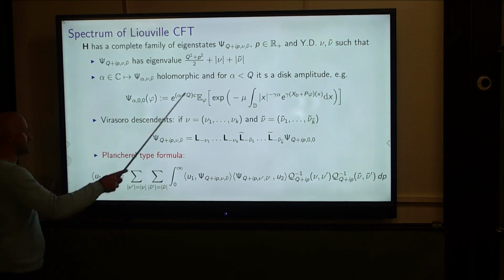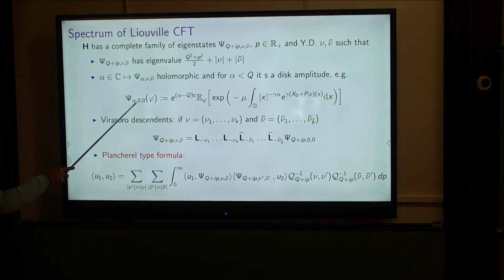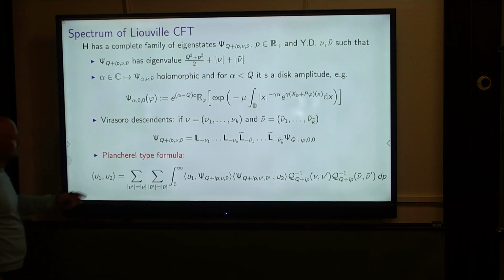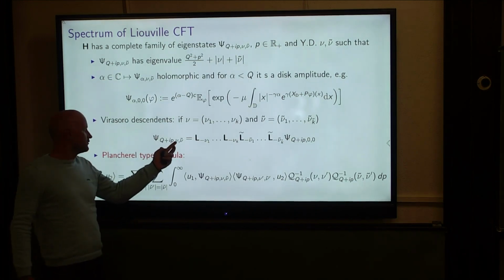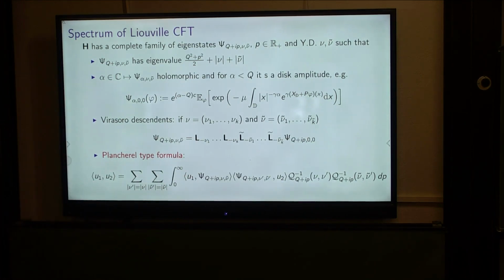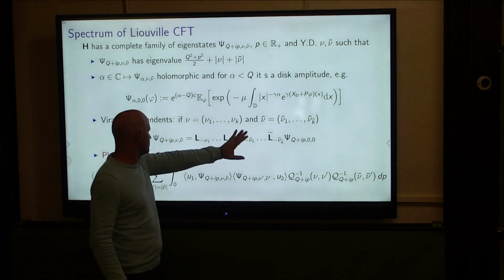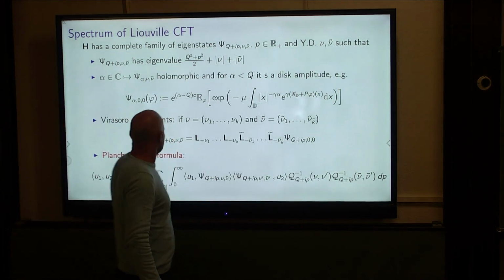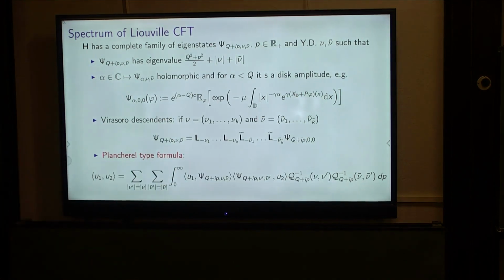So just to give you a picture. And how do you make the description with the Young diagram? You just apply the Lns we have just constructed on this primary state. So this is a way to encode probabilistically all the information you need in the eigenstate.